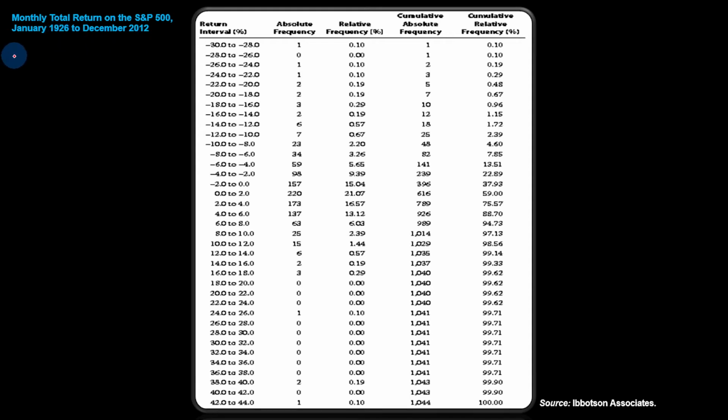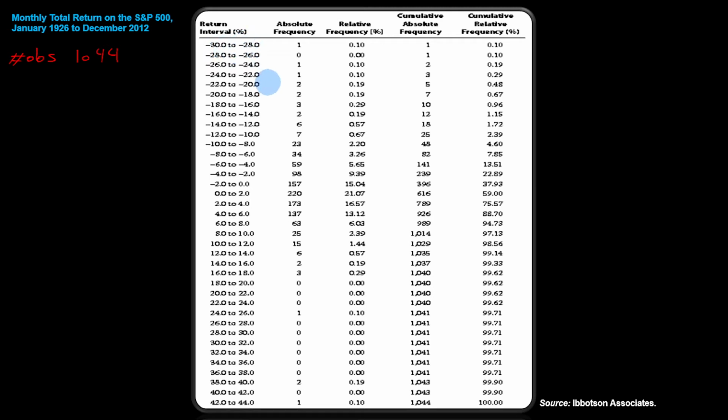So that means the total number of observations will be 1,044 months, right? And our returns range from minus 30 up to 44%. That means we have about 74% of range, and the result is 37 intervals. The interval width of each interval is 2%.